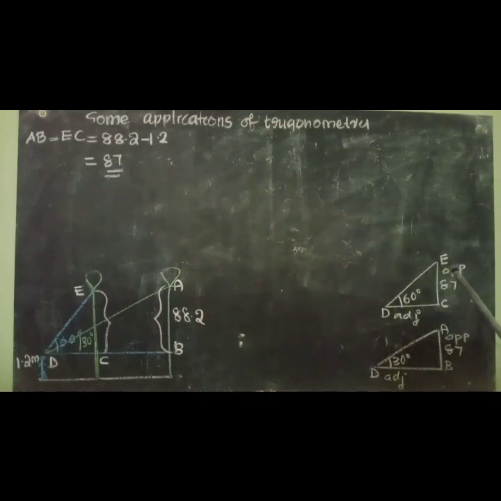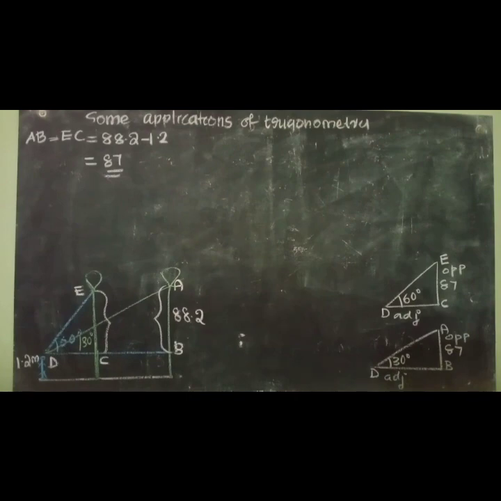So here EC is the opposite side with measurement 87 and DC is the adjacent side. Here AB is the opposite side with measurement 87 and BD is the adjacent side.